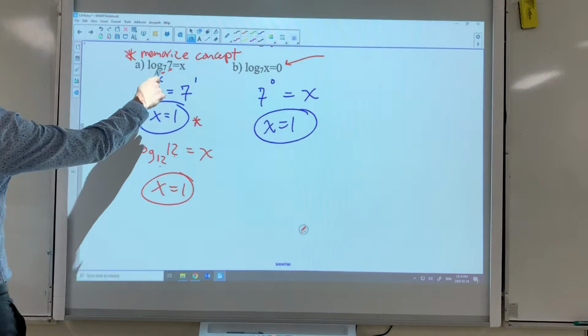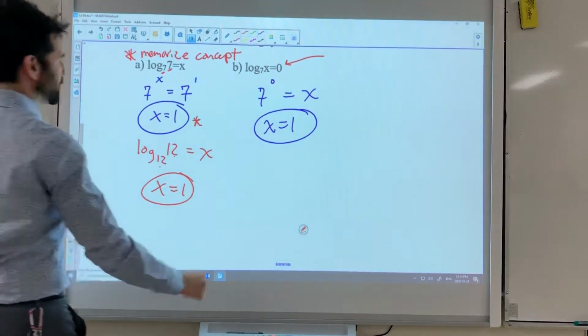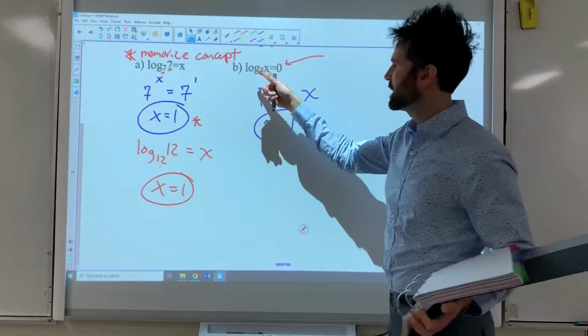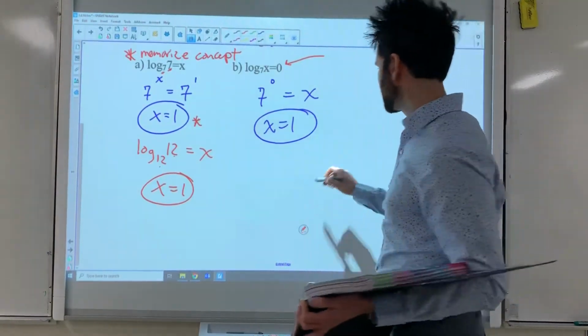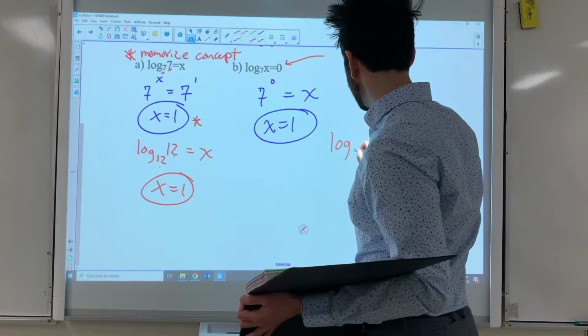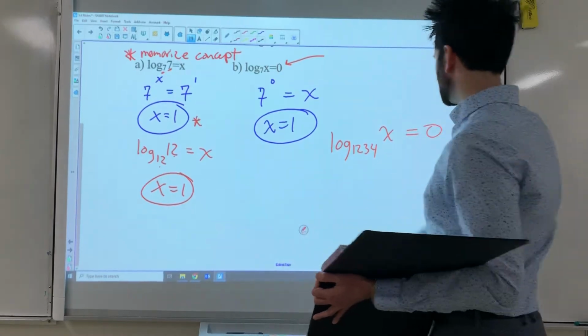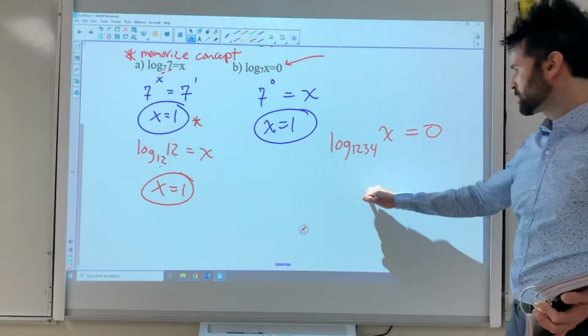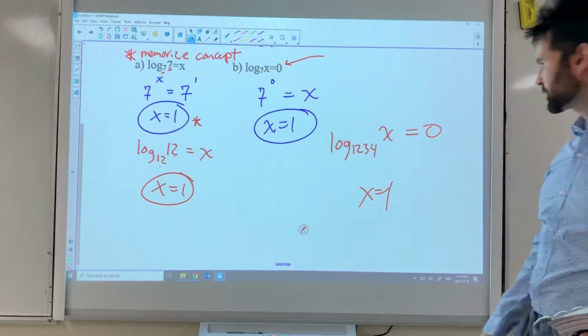So a log that has the base and the argument equaling has to equal 1, here's why. If the log, no matter what the base is, if it equals 0, the answer is going to be 1. So if I said, hey, log base 1234 of x equals 0, you're going to be like, oh, x is 1, because it's the base to the power of 0.